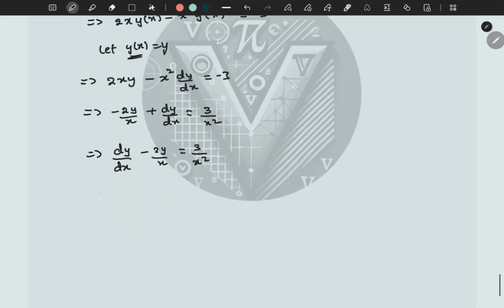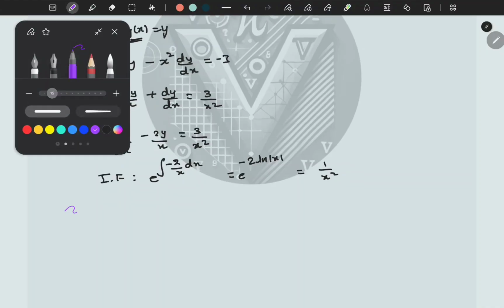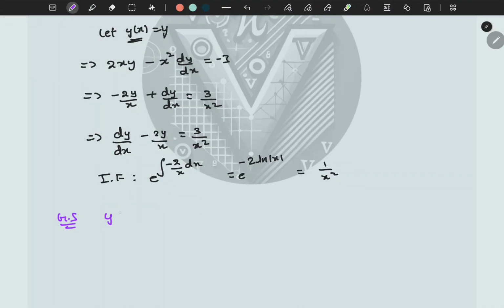Again the same old story. Integration factor should be e^(∫−2/x dx), so this should be e^(−2 ln|x|), and this is 1/x². If you are religiously following from the beginning of this session, you will not have any difficulty here. And the general solution here should be y into the integration factor 1/x² equals the integral of the right hand side.